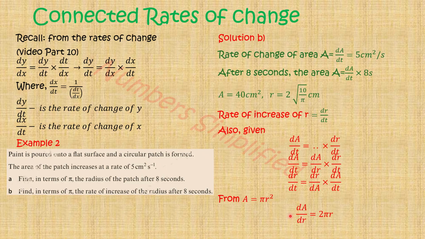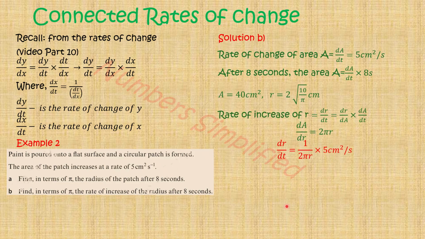Now we can flip it over so that we get dr/dA by simply dividing that into 1. Meaning the 2 pi r would have to be divided into 1 in order for us to get dr/dA. Great then. So our dr/dt becomes 1 over 2 pi r times dA/dt, which was 5. Multiplying throughout, we get dr/dt equals 5 divided by 2 pi r.